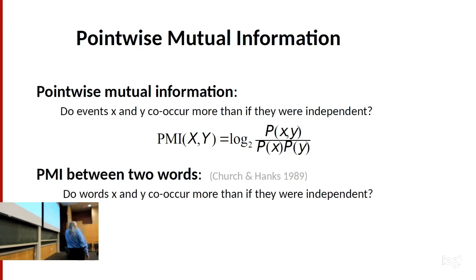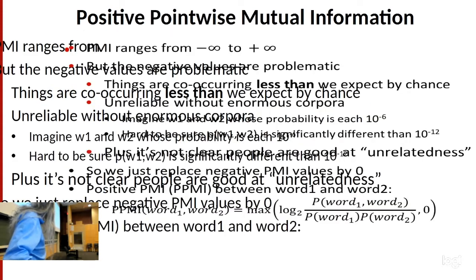Really what we're trying to do is look at the ratio between the joint probability and the independent probability. That's all we're doing. Are these things more likely to be together by chance, or less likely to be together by chance? So we can talk about the pointwise mutual information between two words.